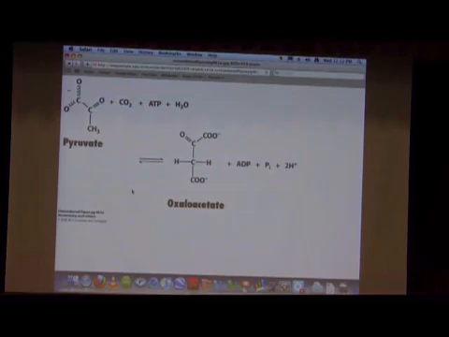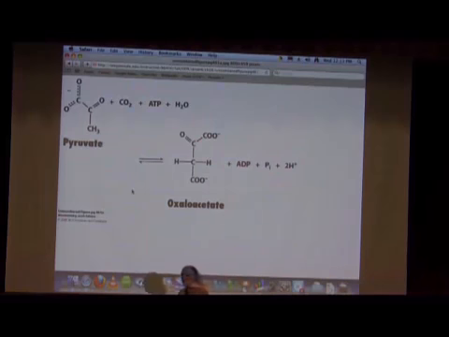So look at what's happening in this reaction. We have pyruvate here. Here's a carbon dioxide, ATP, and we're adding this carbon dioxide on here as a carboxyl group. The upshot of which is we have ADP produced and protons. Okay? So oxaloacetate is right here.